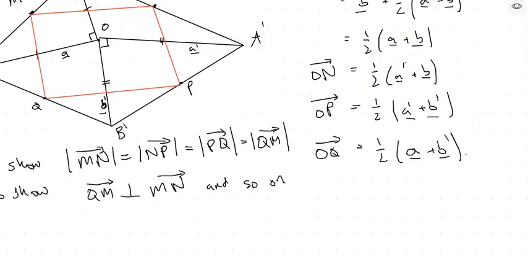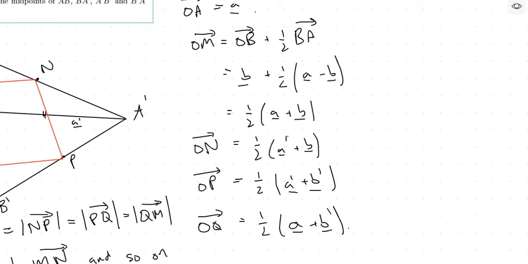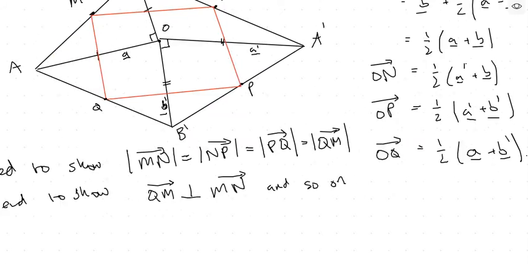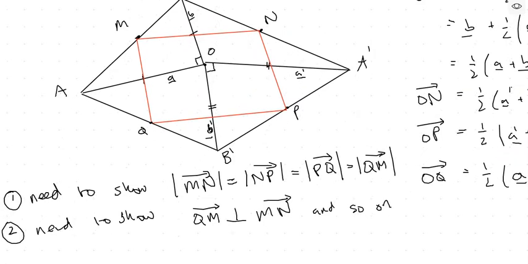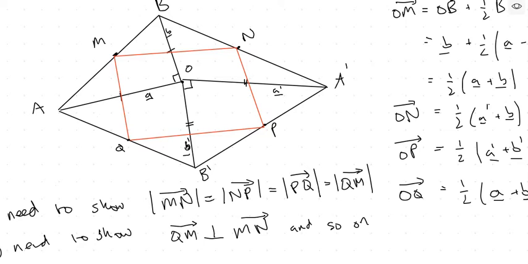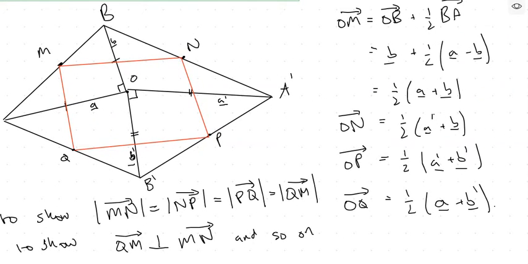So let's go on. Now we have all of the midpoints in terms of A, B, A dash, B dash. So now let's do one of these two. I think the first thing we want to do is find the vectors MN, NP, PQ, and MQ. So we want to find these red vectors. Let's start with MN.